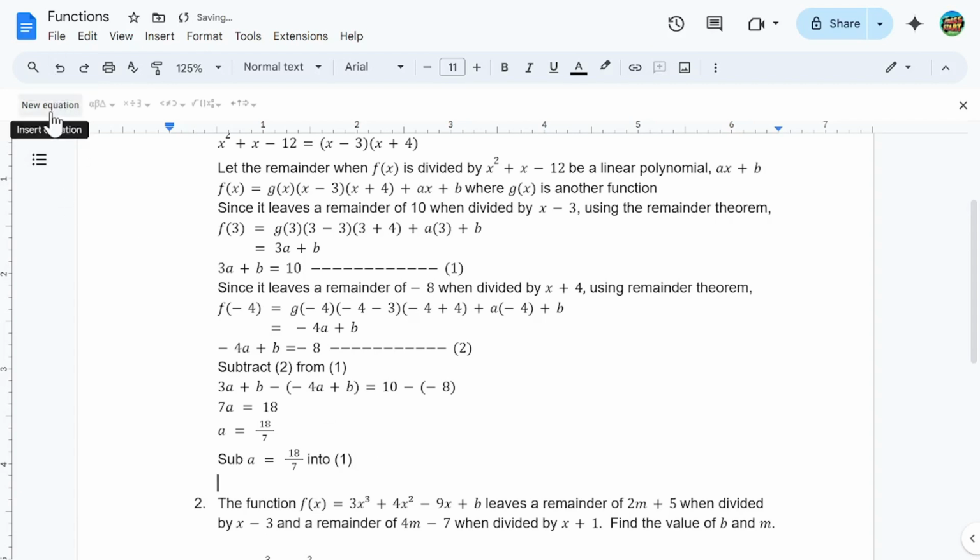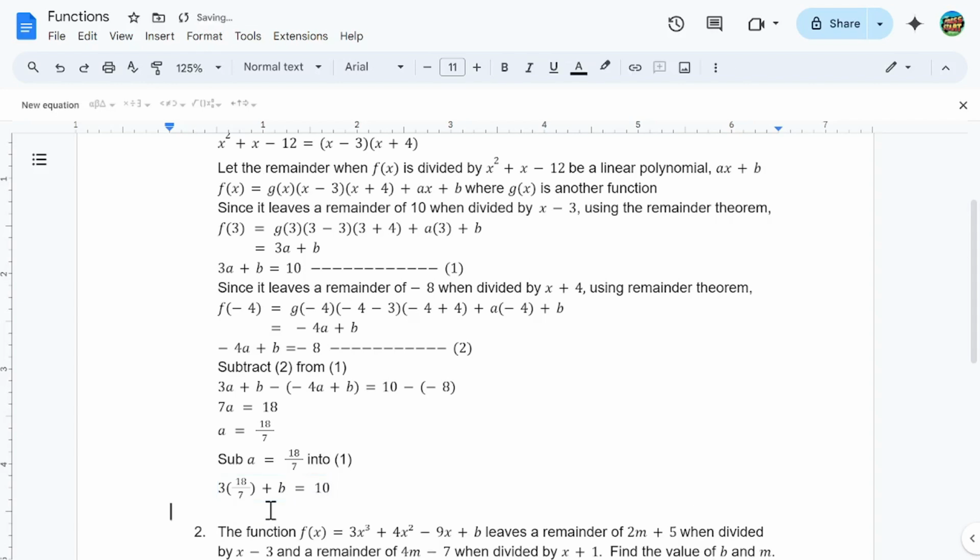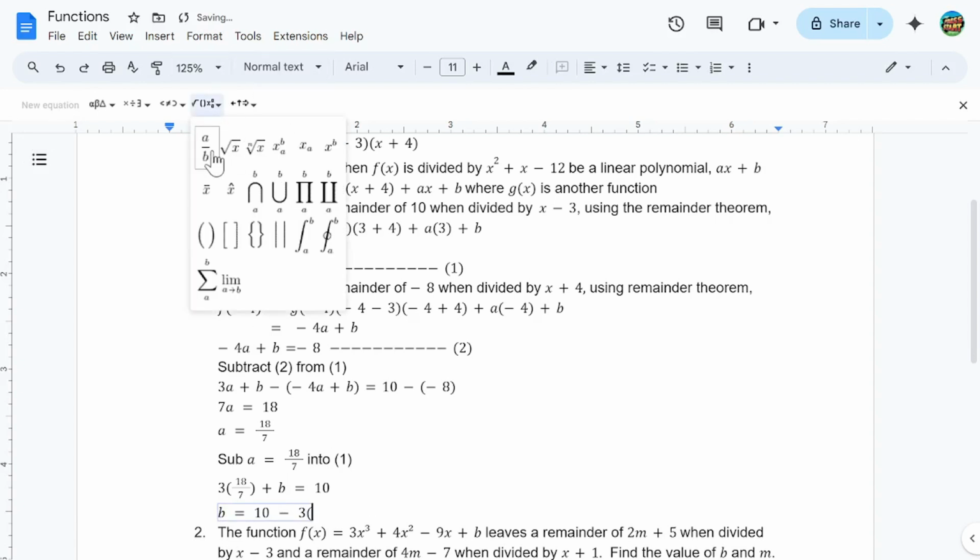So we've got 3 times 18 over 7 plus b equals 10. So we want to make b the subject of this equation, and we need to find b. So new equation, b equals 10 minus 3 times 18 over 7.